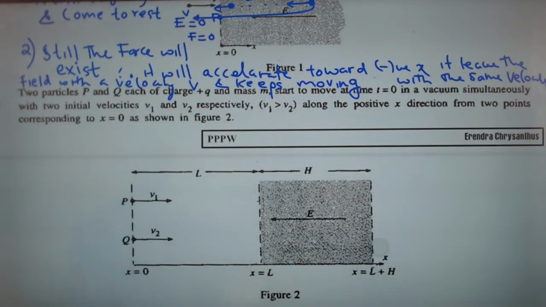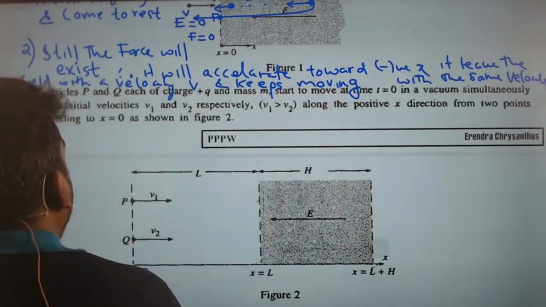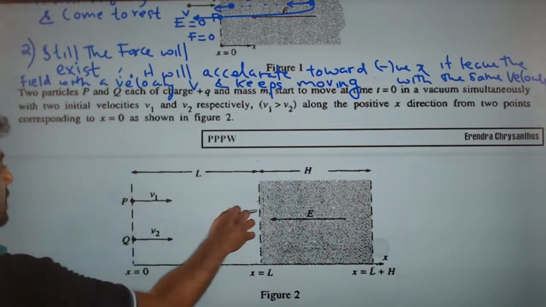Two particles P and Q, each having charge plus q and mass m, start moving at t equal to zero in a vacuum simultaneously. V1 is larger than V2, so this travels faster.